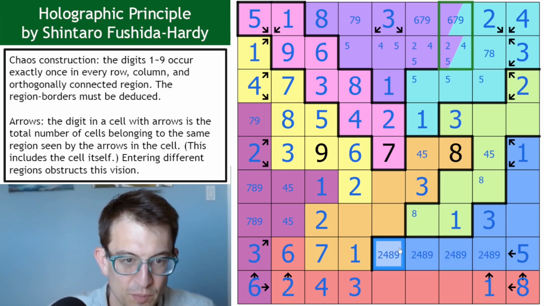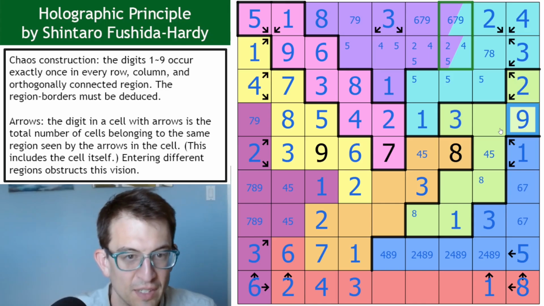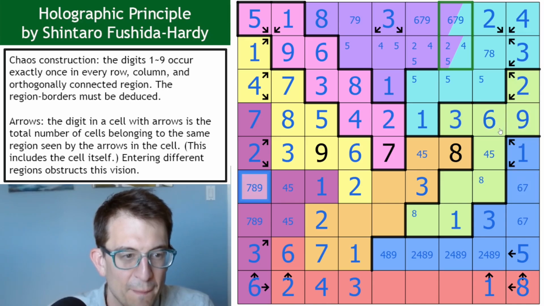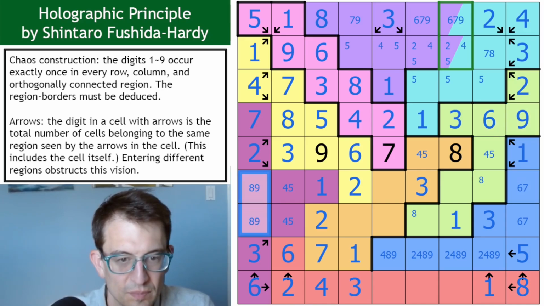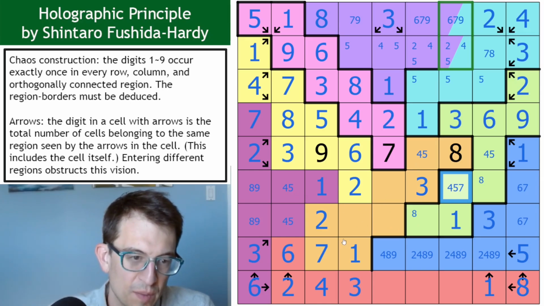And I can probably get rid of some 2s, which means these are 6 and 7, which means this is 9, which means this is 7 and this is 6. 1, 2, 3, 4, 5, 7, 8. One, 2, 3, 4, 5, 6, 9. 6.